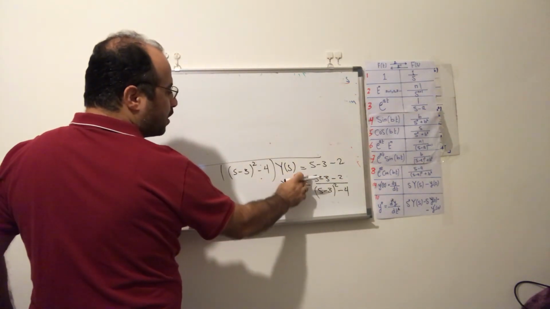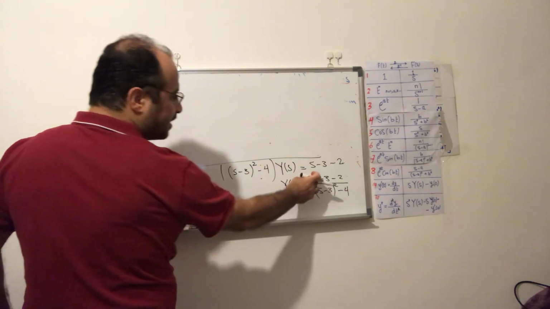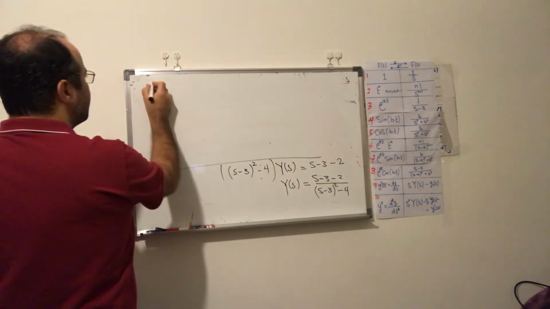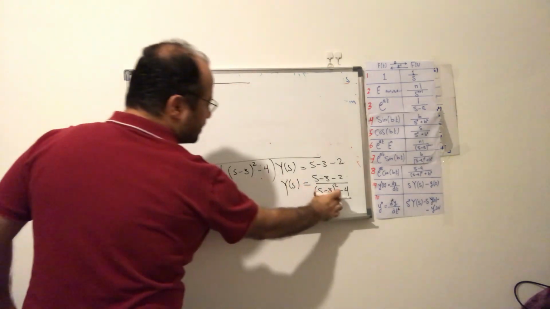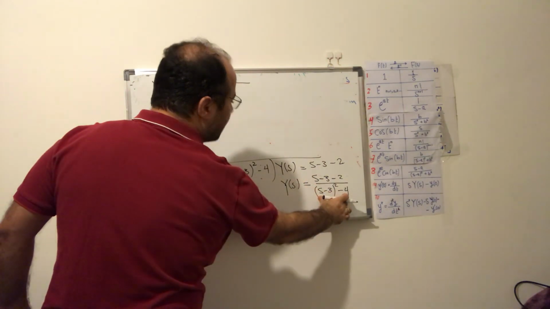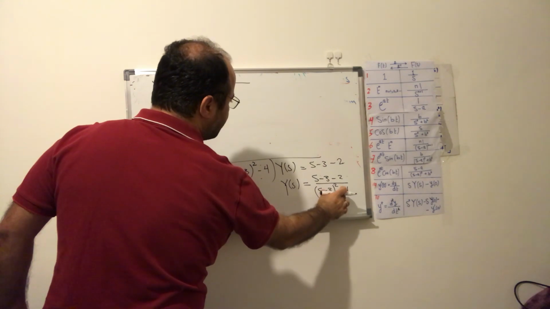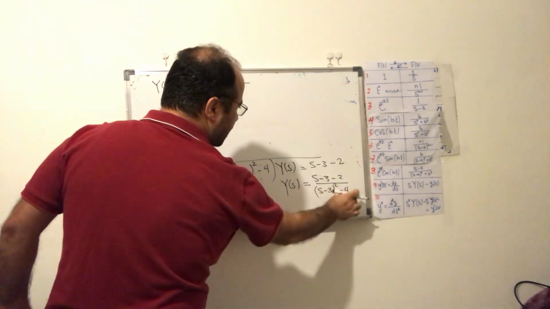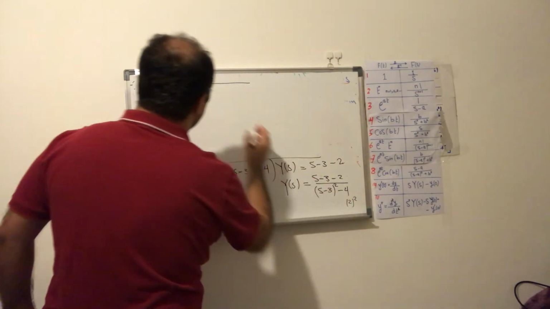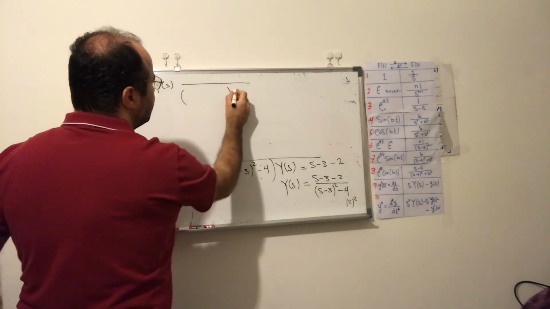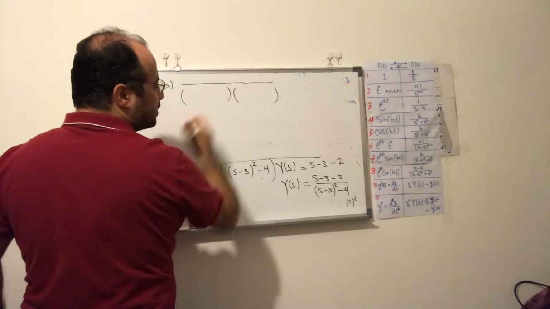Before doing the Laplace inverse, it's better to simplify. This is a squared minus squared, so this thing is kind of 2 squared, right? So I'm gonna make a bracket here and factorize the denominator.